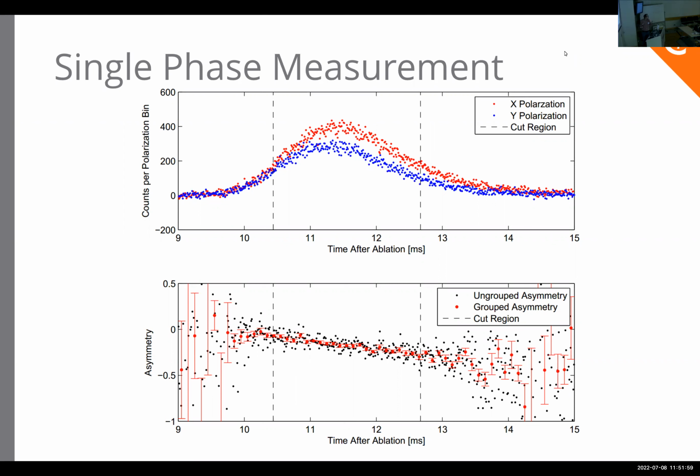So this is what the data looks like. It looks like these fluorescence traces. You do a bunch of analysis to reconstruct this asymmetry, which lets you reconstruct the phase angle, and then you look for correlations between that phase angle and electric fields. I'll say a little bit more about that last part later. But any questions about this so far?